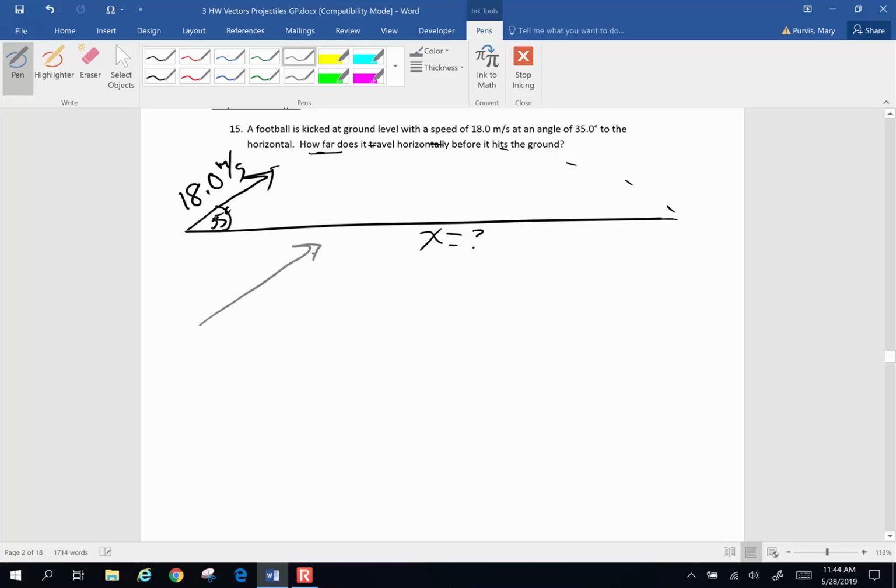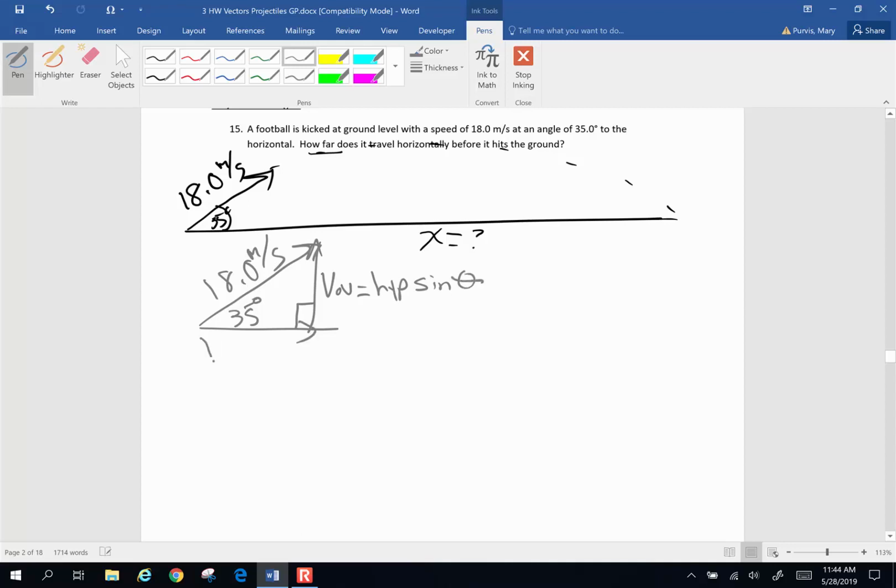Here is my projectile, 18 meters per second. This is my 35-degree angle. The original vertical velocity, this is the opposite side, so this is going to be the hypotenuse times the sine of theta.